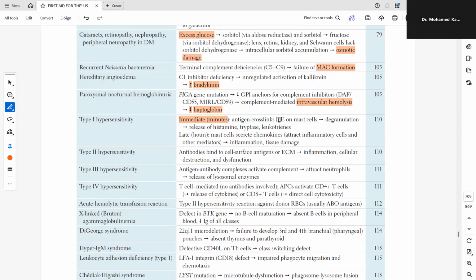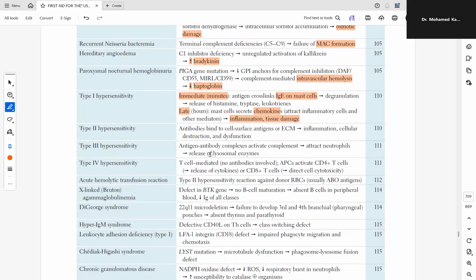Antigen cross-links IgE on mast cells, leading to degranulation. So this is the mechanism. Release of histamine, tryptase, and leukotrienes. And late, so we have immediate effect in minutes, and late in hours, mast cells secrete chemokines, which will attract inflammatory cells and other mediators, leading to inflammation and tissue damage.